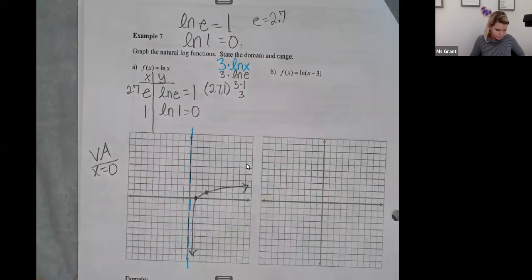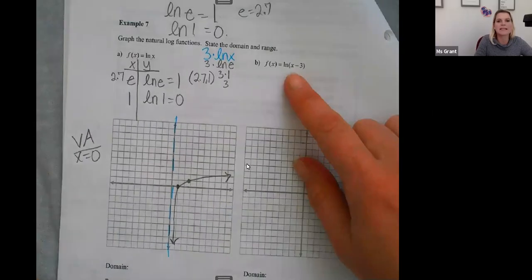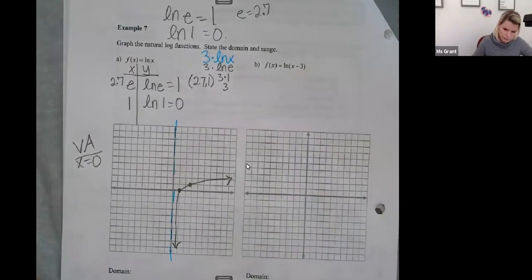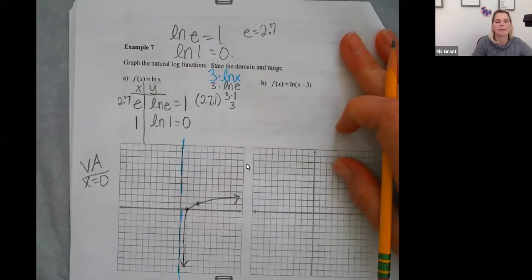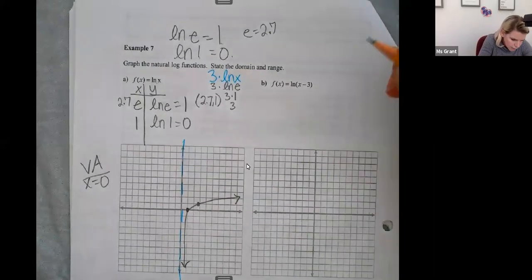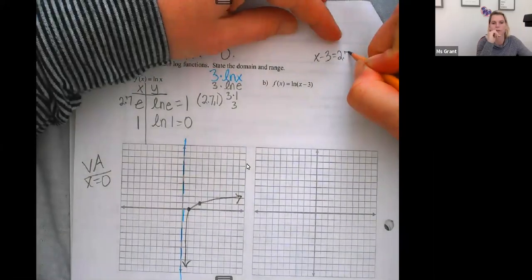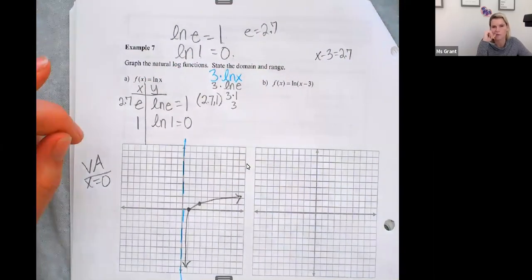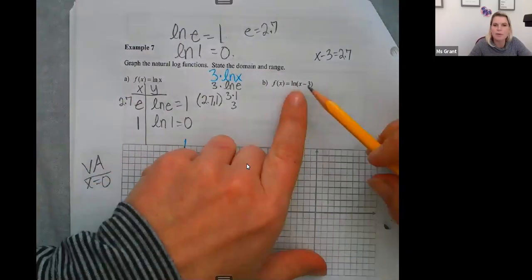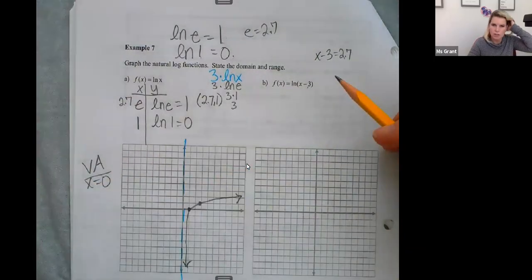Now, ln of x minus 3. How do I get the x minus 3 to equal e? Well, 2.7. I need x minus 3 to equal 2.7, which is e, right? So you're going to set the parentheses equal to 2.7.